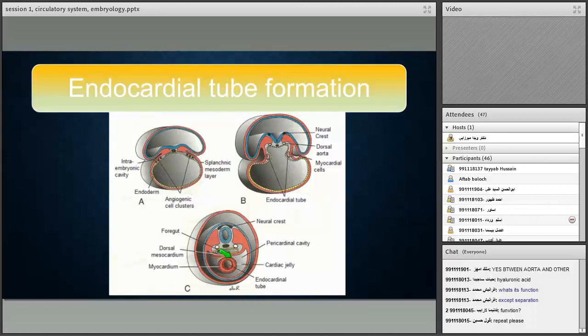Okay? After that, the cardiac tube or the heart tube has 3 layers: endocardium, myocardium, and epicardium. Endocardium forms the internal lining of the heart. Myocardium is the muscular wall of the heart, and epicardium is also called the visceral pericardium.